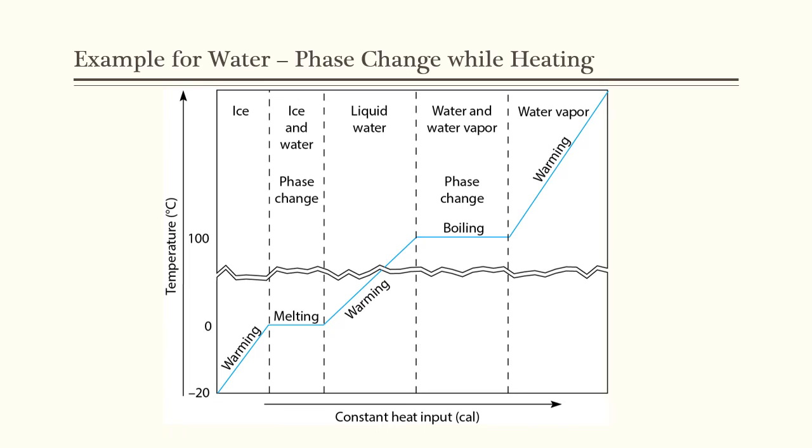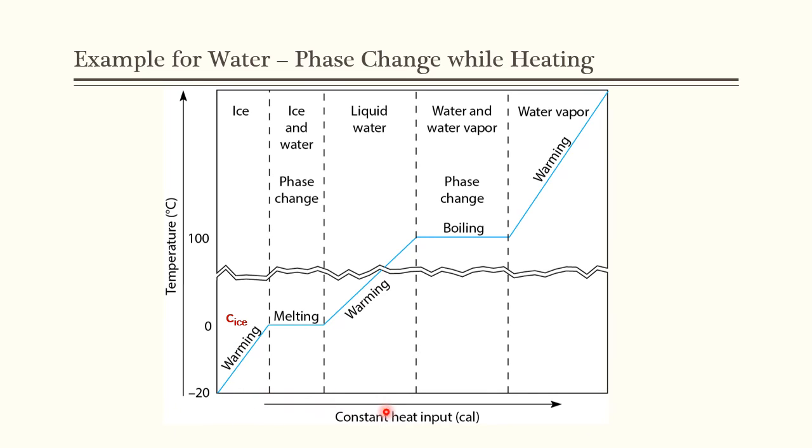All right, here's an example for water. This is a phase change during heating. So what do we have going on? Well, in the first section here, we start off as ice, right? Minus 20 degrees C. And then we start warming up the ice, and we discussed specific heat. So in this section, the temperature change is governed by the specific heat of the ice, however much energy we're adding.